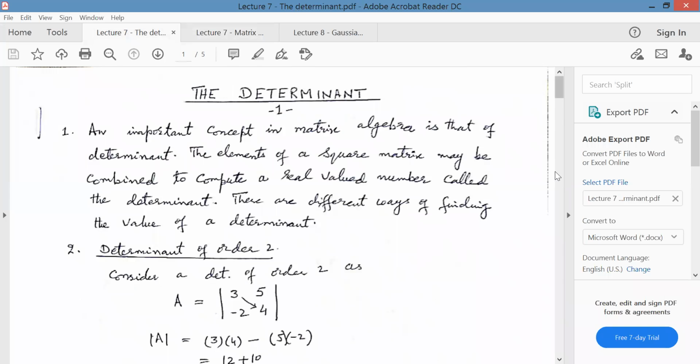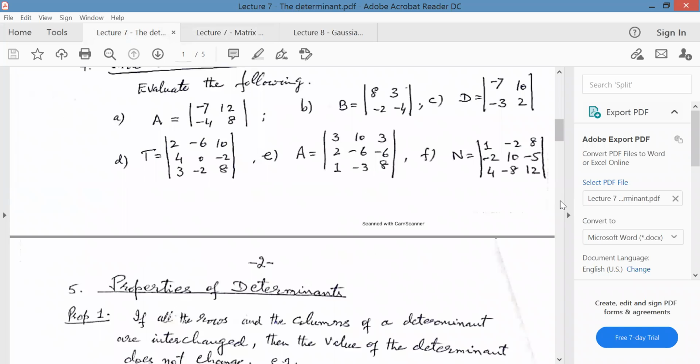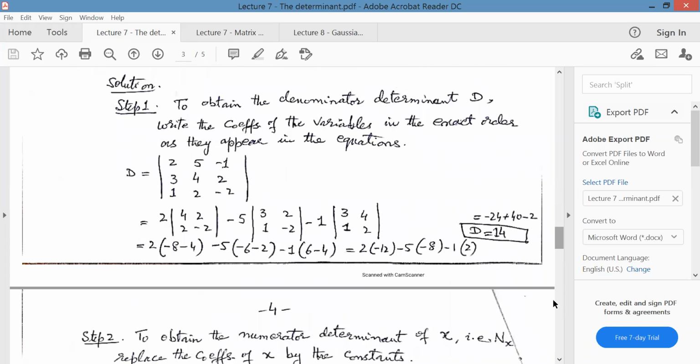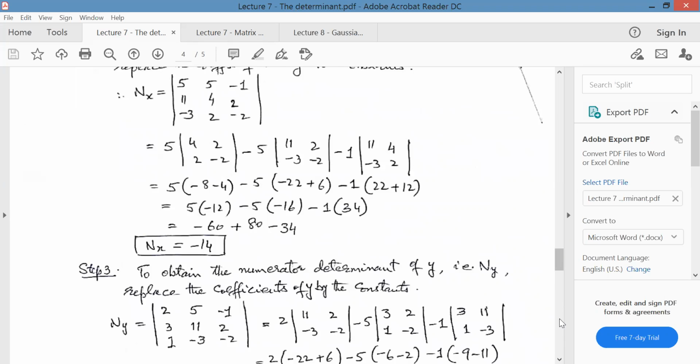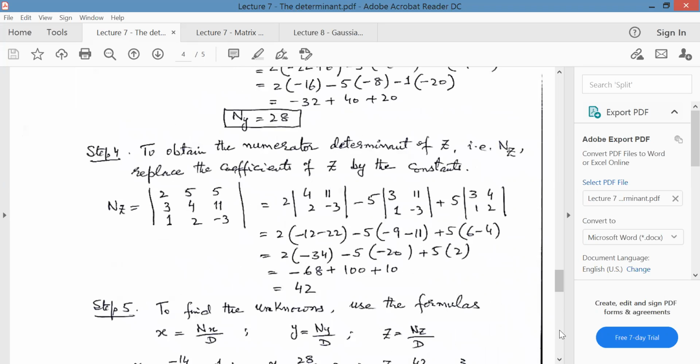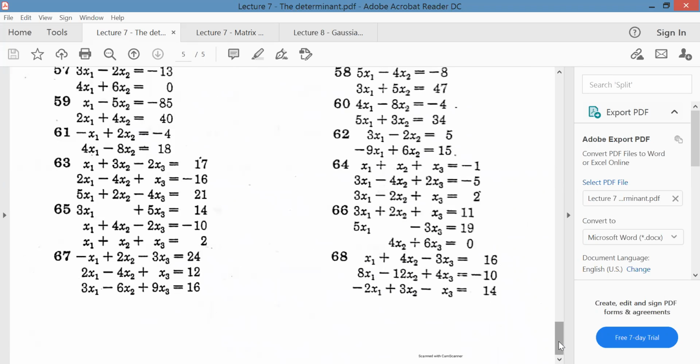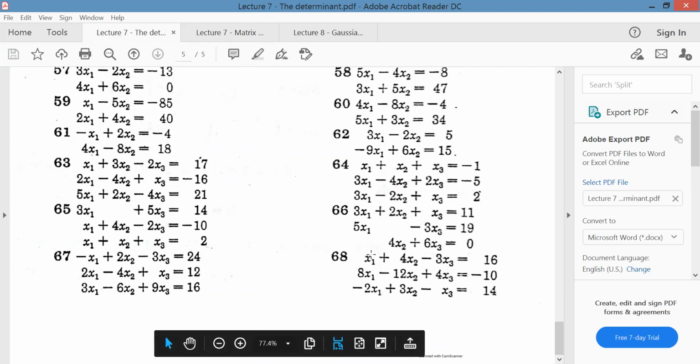An exercise I gave you once I was talking about the determinants, and there were a system of equations, and in that case you had been finding the solution by Cramer's rule. Now you do, let me tell you which question.